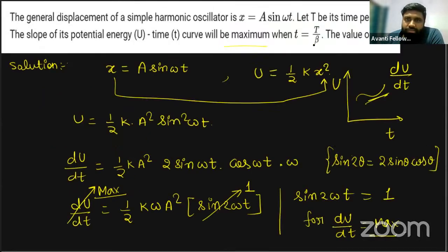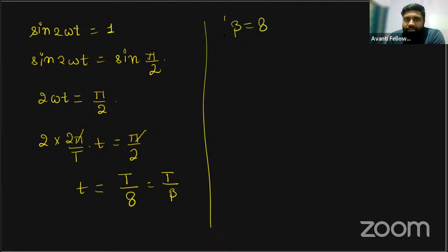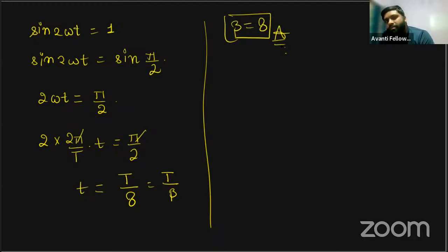Now, in the question it is given that t is equal to capital T upon beta. So if you compare it with this, the beta that you have is 8. So this is the answer. I hope you have got it and you have done it also as I have given you as a homework. So beta has a value of 8.